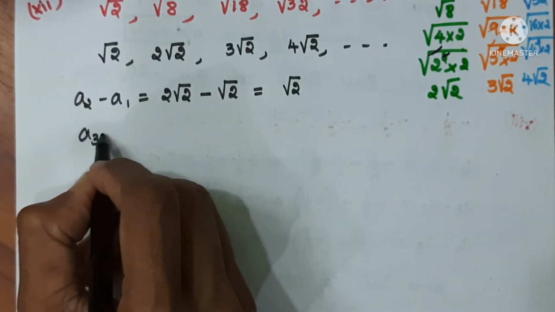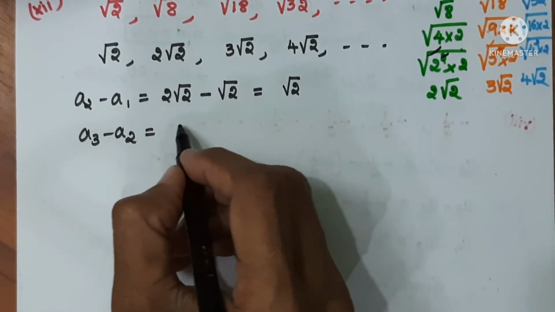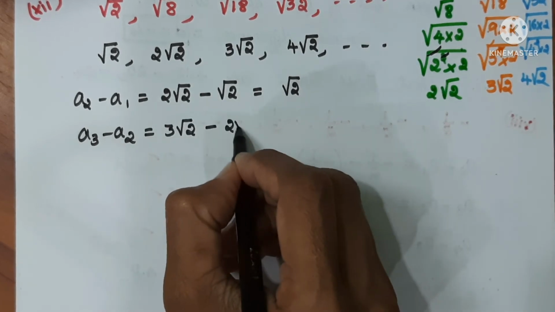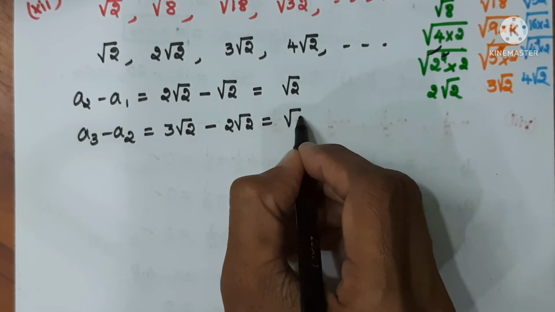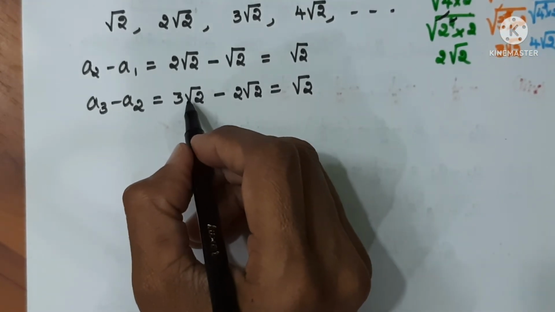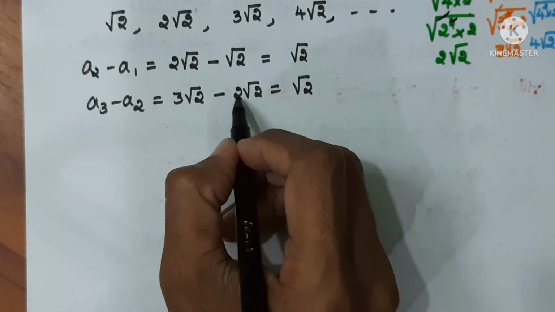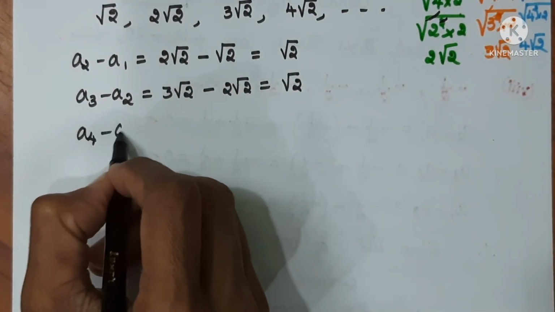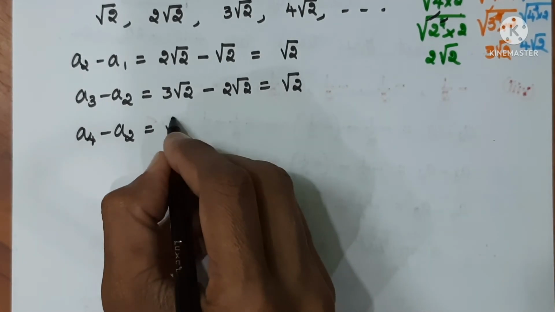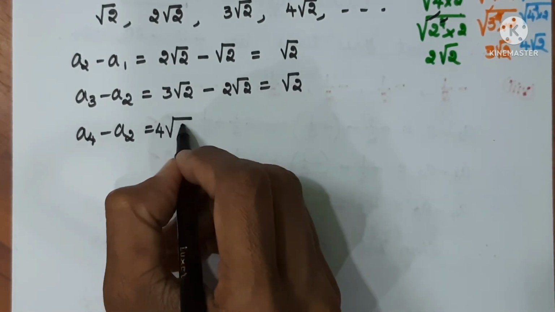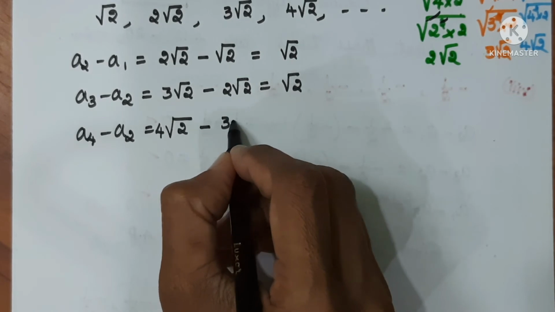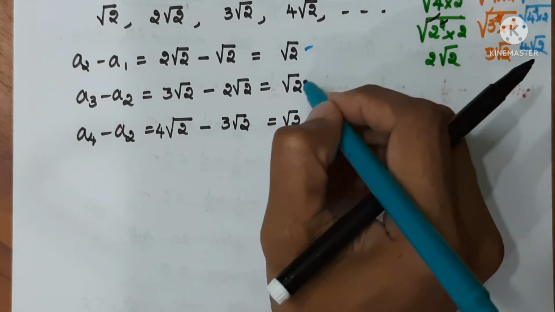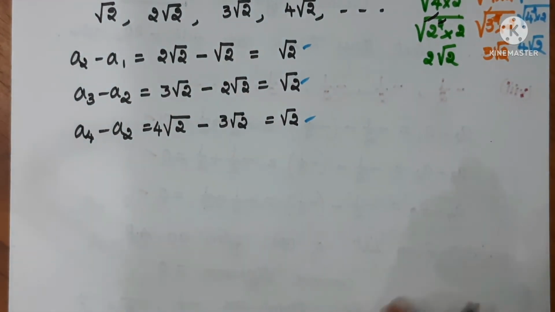Now A3 minus A2 equal to, third term is 3 root 2 minus second term is 2 root 2, which is equal to again root 2. Now A4 minus A3 equal to, fourth term is 4 root 2 minus third term is 3 root 2, we get 1 root 2. Here you can clearly see that the difference is common, hence the given set of numbers form an AP.